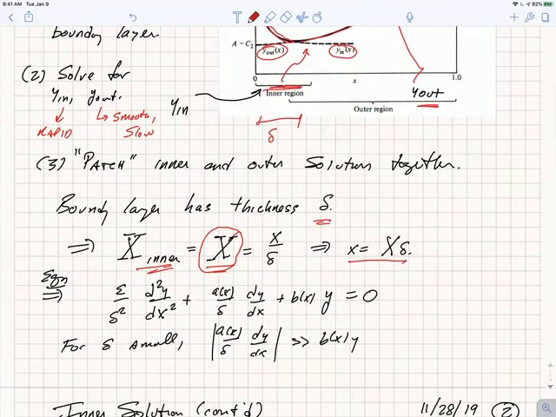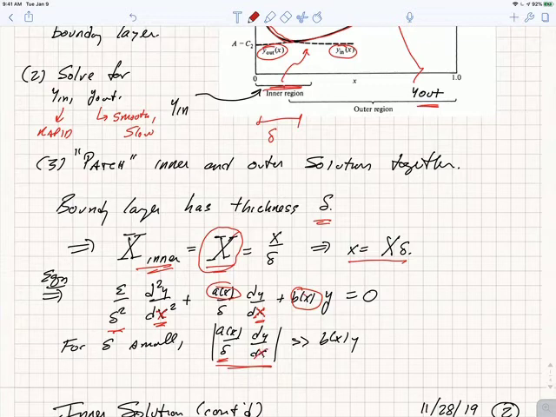If we plug it into the equation, in terms of capital X, the first term is epsilon over delta squared, d squared y by d capital X squared, plus a over delta, dy by d capital X, plus b of x y equals 0. If capital A and capital B are of order 1, we see that the second term, a of x over delta dy by dx, is much greater than b of x y in the limit delta goes to 0.